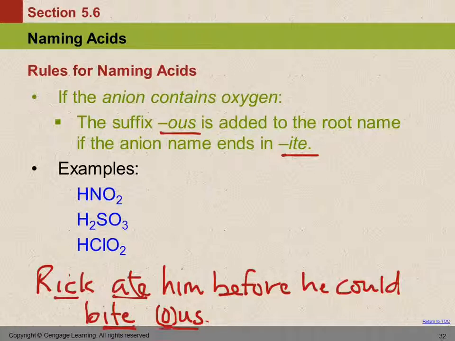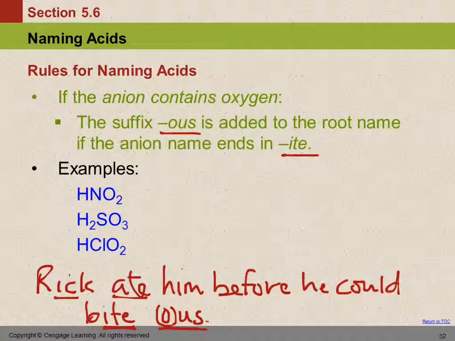Ite and us go together. It's remembering these two pairs and how they line up. Rick ate him before he could bite us, or you can think of, you ate something that didn't taste very good and you said ick. So ick and ate go together, and then the other two must go together. However you want to remember it.